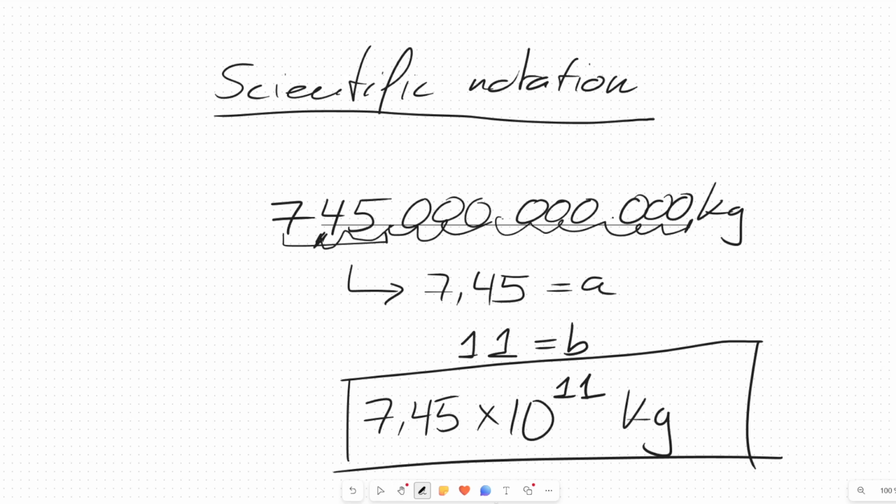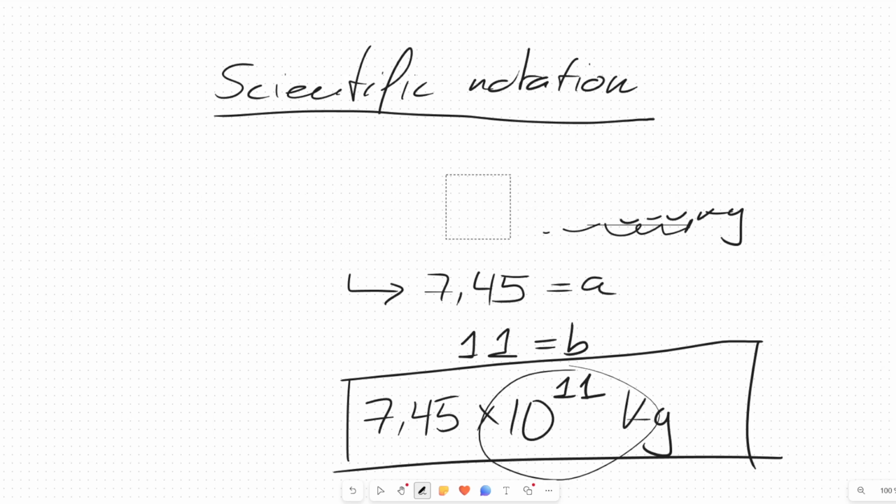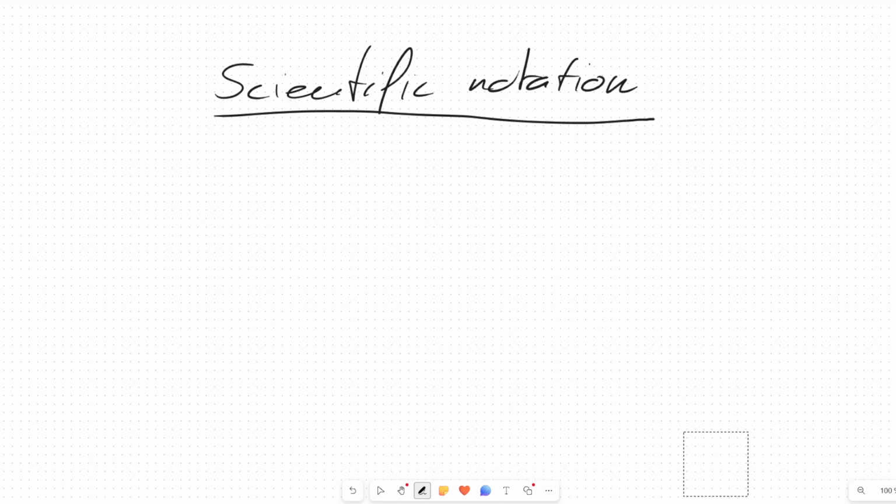So we're basically making use of the powers of 10 to compress a big number, because as you probably know, powers of 10 only add or eliminate zeros. If we've got a number written in scientific notation, we can also turn it into standard notation.